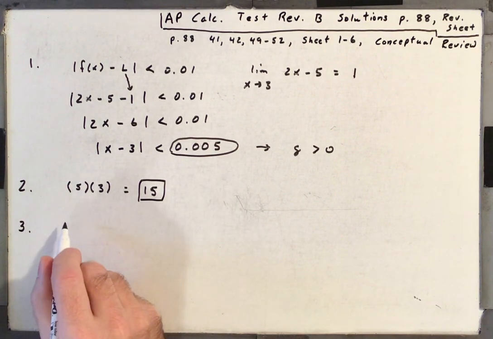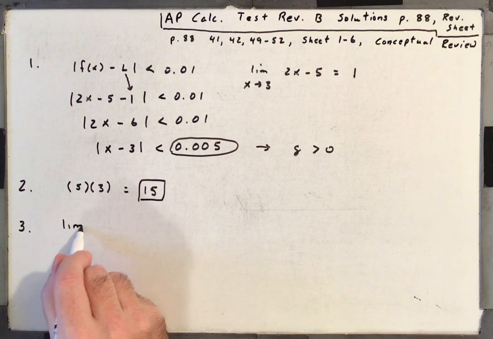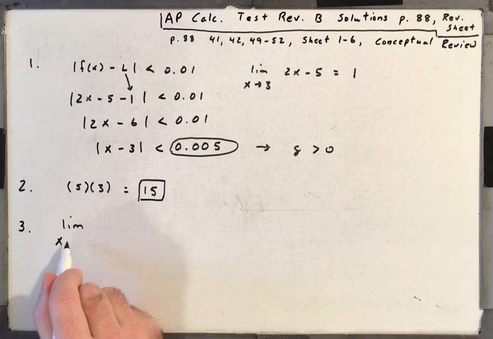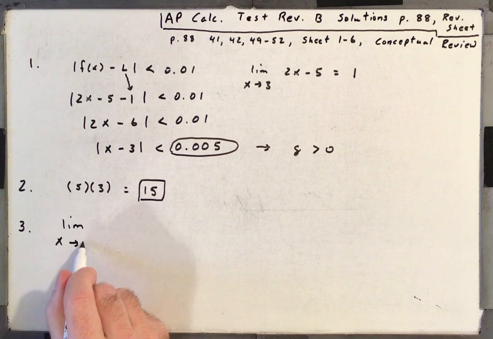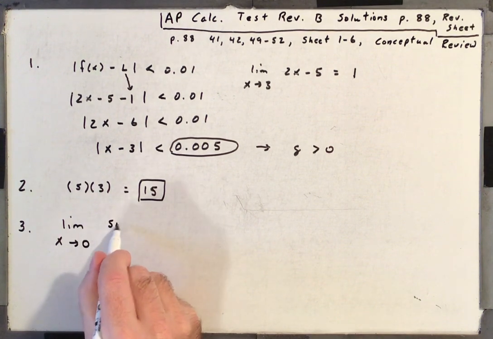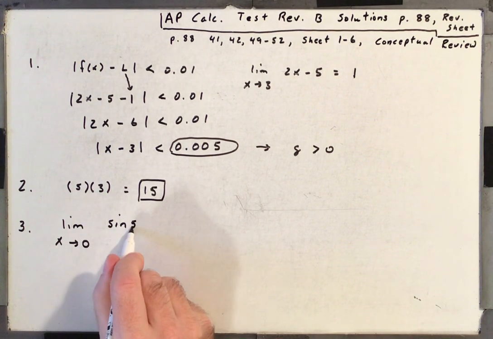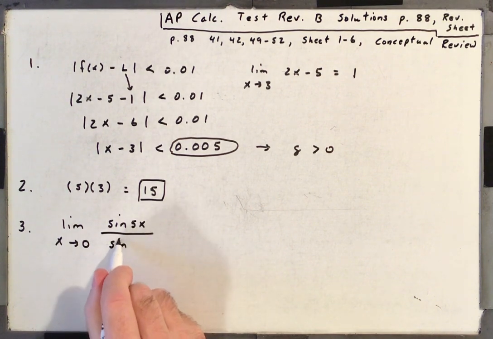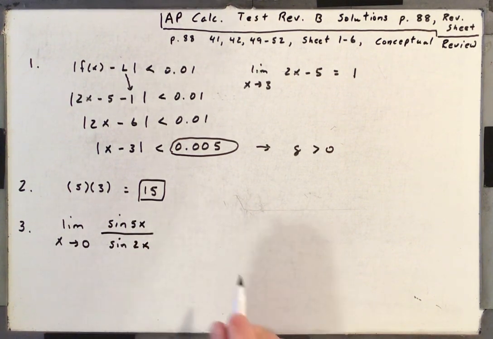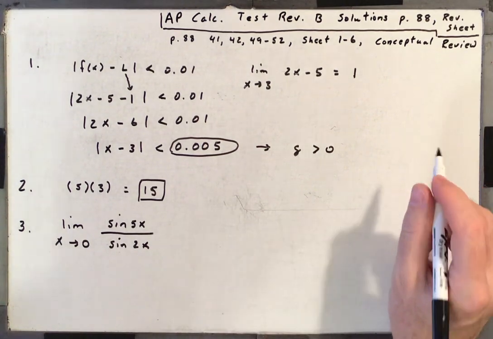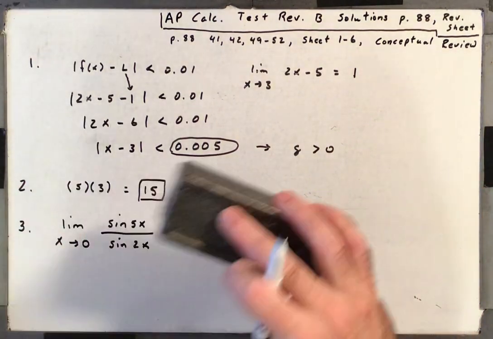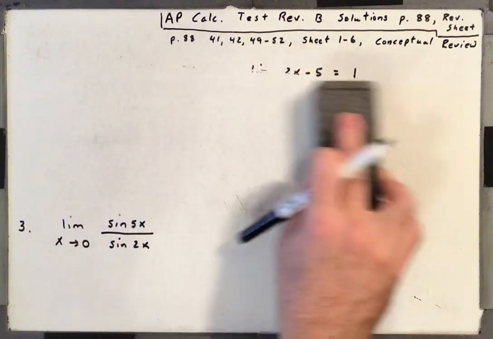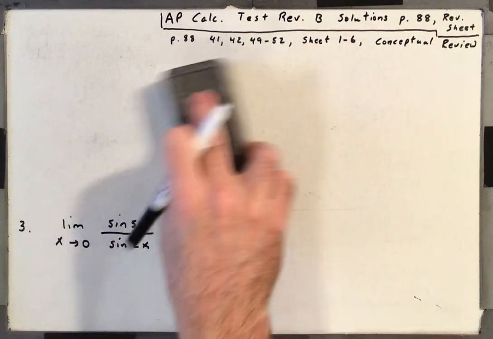All right, number 3. Now, we didn't have any trigonometric limit practice from the book, really, maybe only one problem, so I wanted to do several of these because there are several of these on the test. Okay, and remember, I'm going to go ahead and erase 1 and 2 and put our formulas up here.